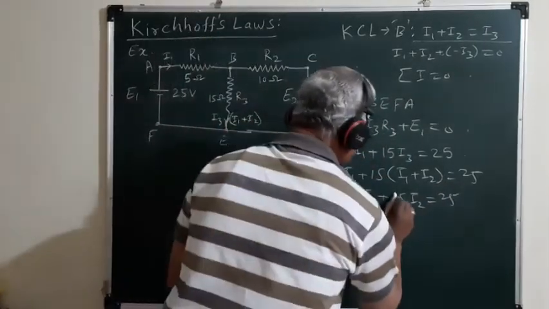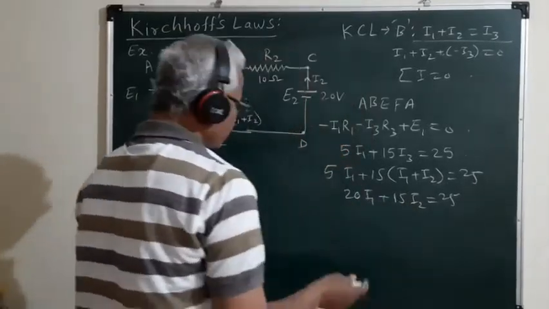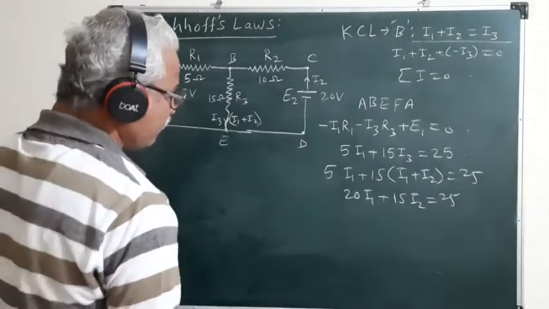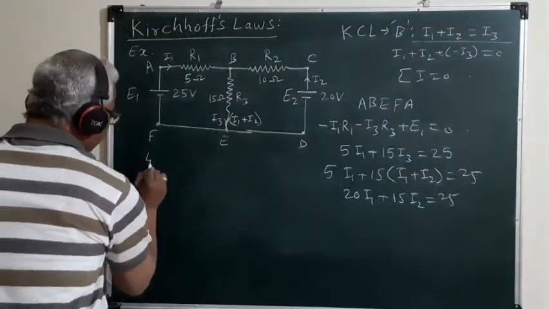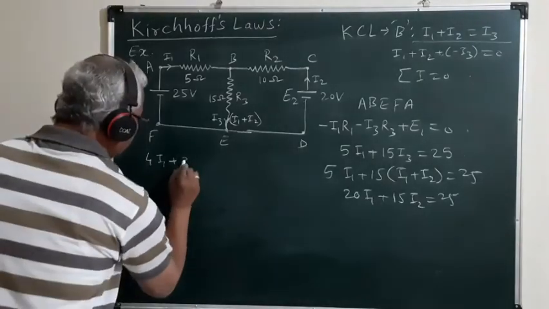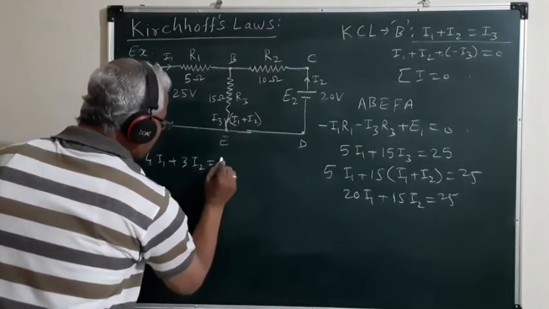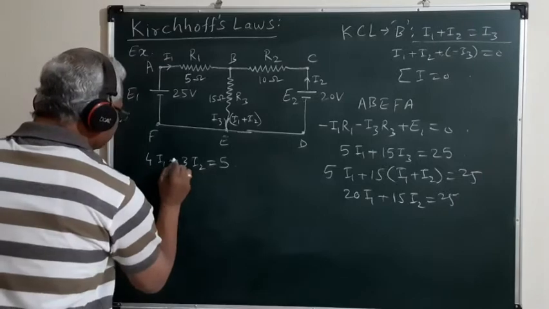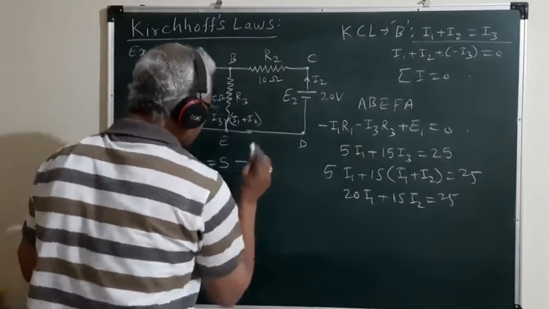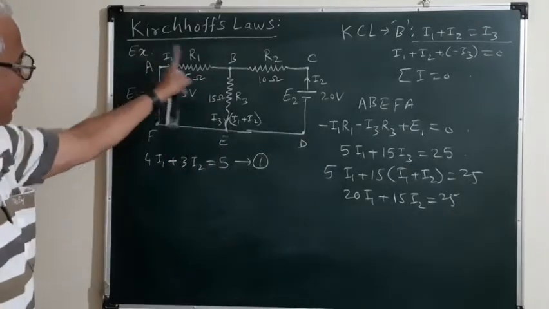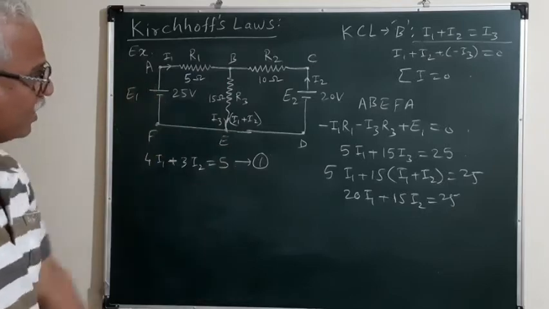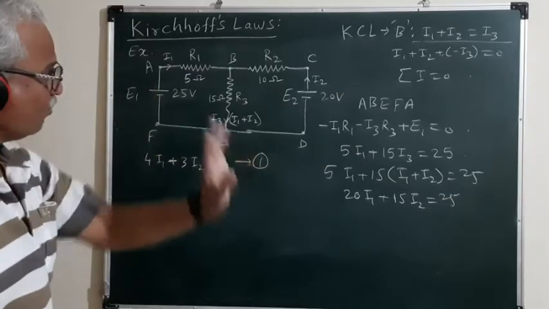Dividing both sides of this relation by 5, we get 4 I1 plus 3 I2 is equal to 5. So this is the simplified voltage equation for the first closed loop A, B, E, F, A. So this is equation 1.